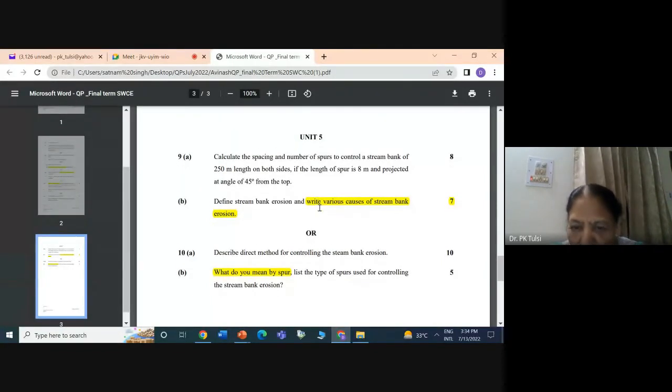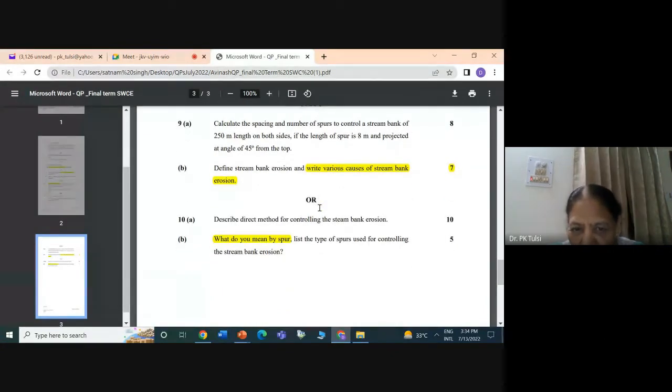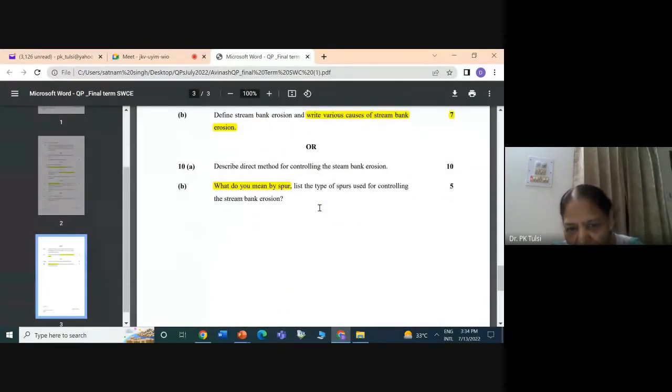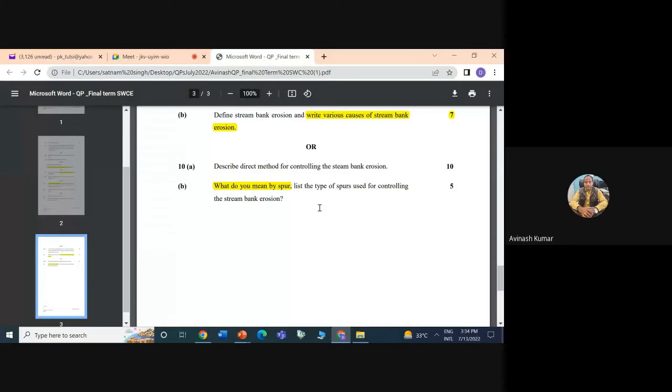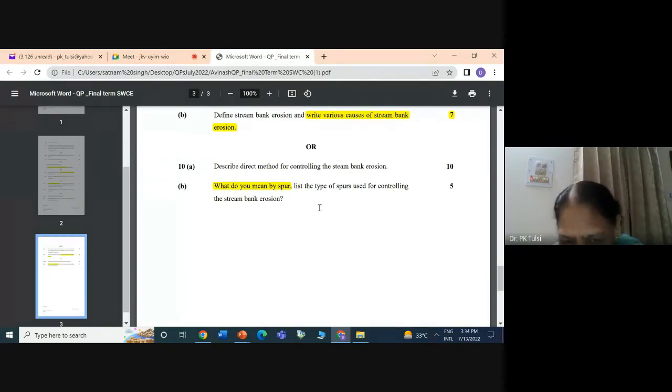Then what do you mean by spur? ये क्यों लिखा? Why can't I write explain the meaning of spur? List. Yes, ma'am. Again, यहाँ पे definition 2 and 3. How many types of spurs are there? Yes, sir. I did broadly classify two types of spurs. So further classification would be there.